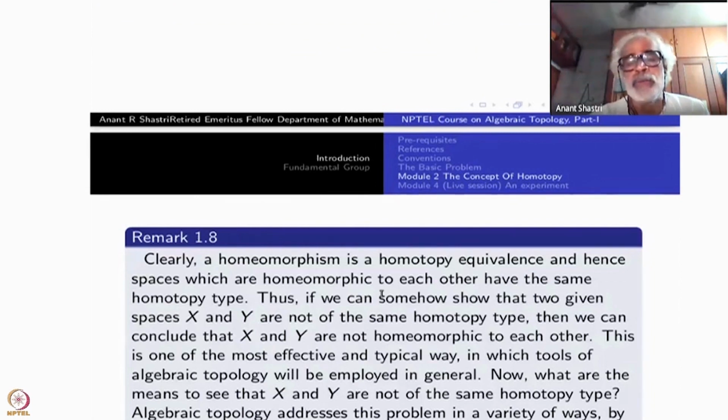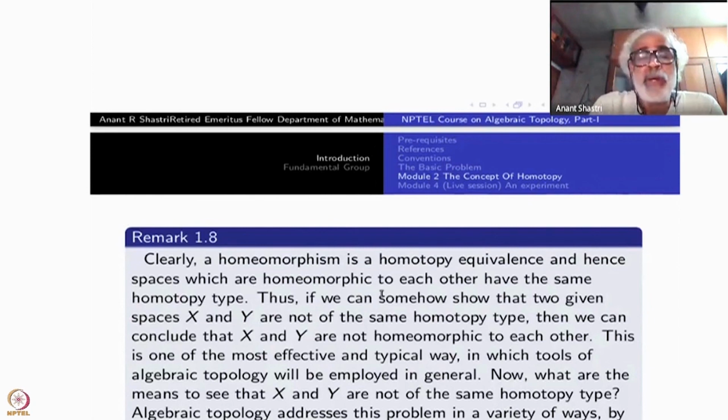Okay. So this is one of the effective ways in which algebraic topology, homotopy theory, is employed. So how do we determine whether two spaces have the same homotopy type or not? This is our fundamental question.